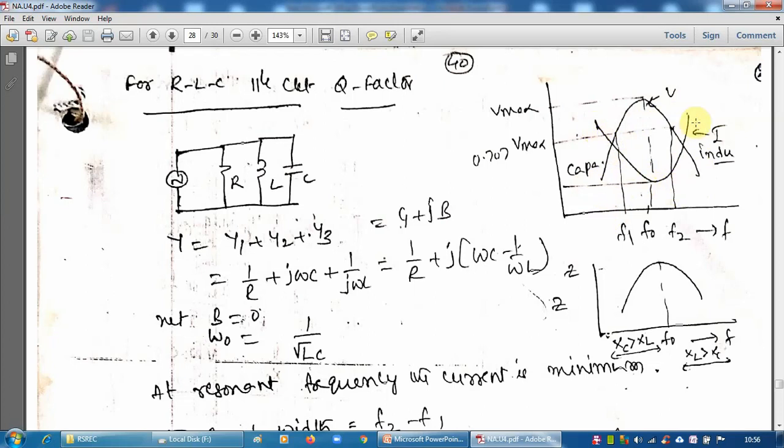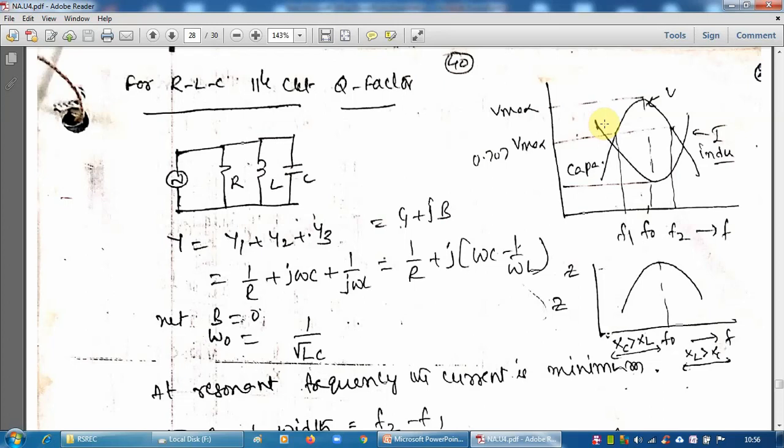This is current. So the current in the parallel circuit is reciprocal, or opposite, to that of the series circuit. In that sense, this parallel circuit is also called an anti-resonant circuit.